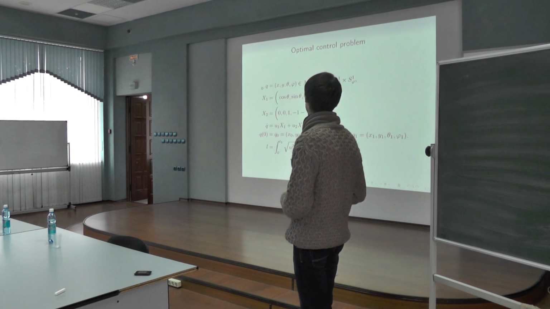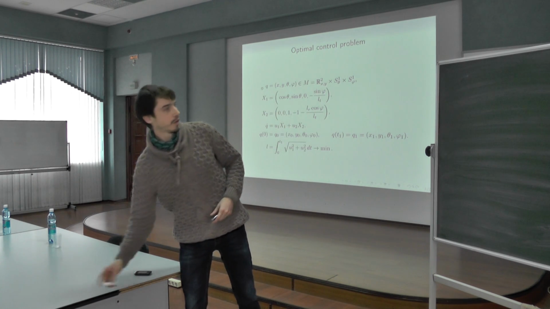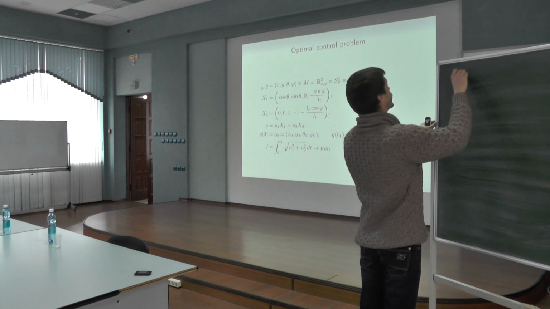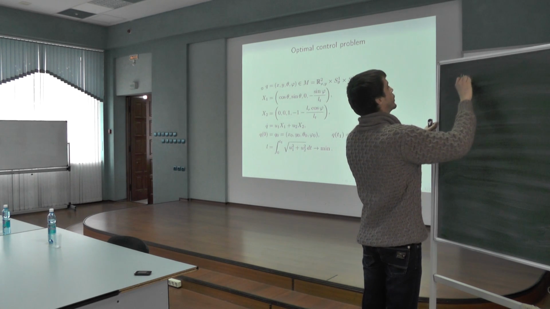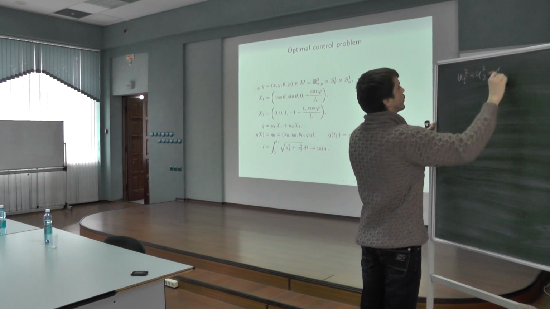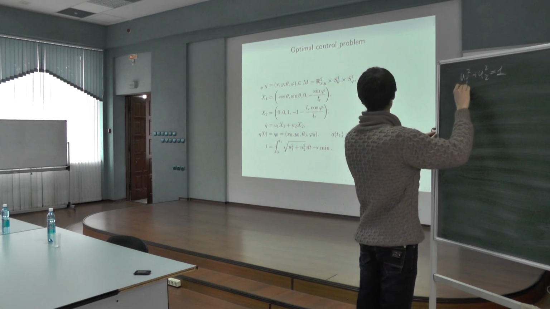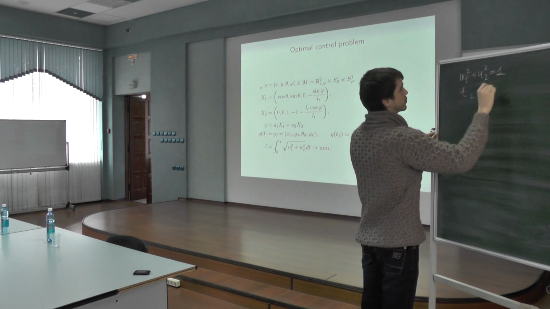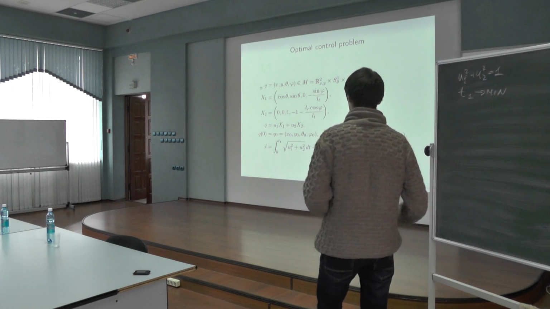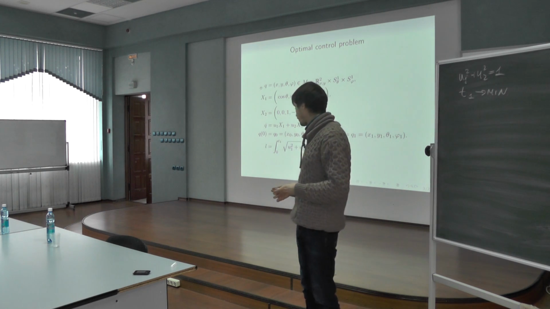Here we have no bounds on controls, but we can. This problem actually is equivalent to the problem where we assume that controls lie on the unit circle, and we should minimize time. So this problem is equivalent to this time minimization problem.